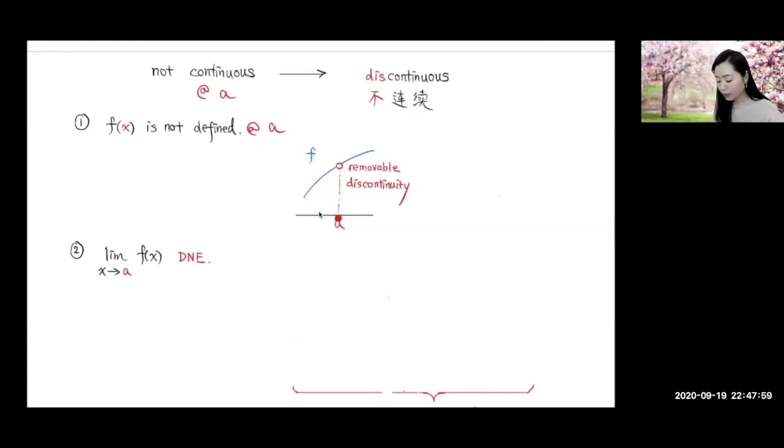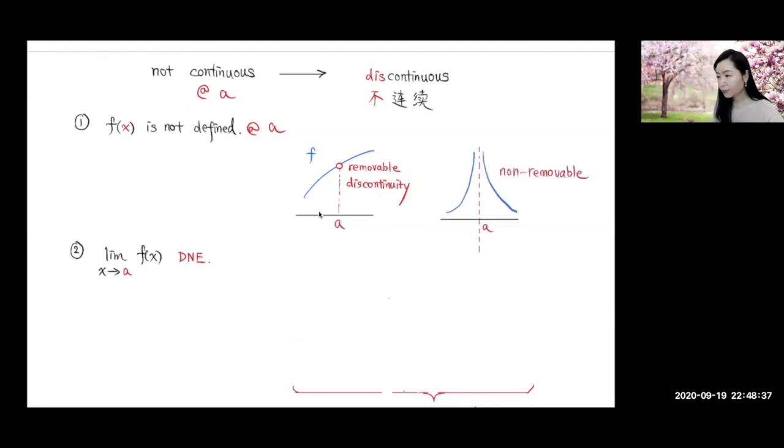When x equals a, there is a gap right here. So there is a discontinuity at a. This discontinuity is a removable discontinuity because you can move from one side of this graph to the other side by simply filling in this single dot. So this is a removable discontinuity.